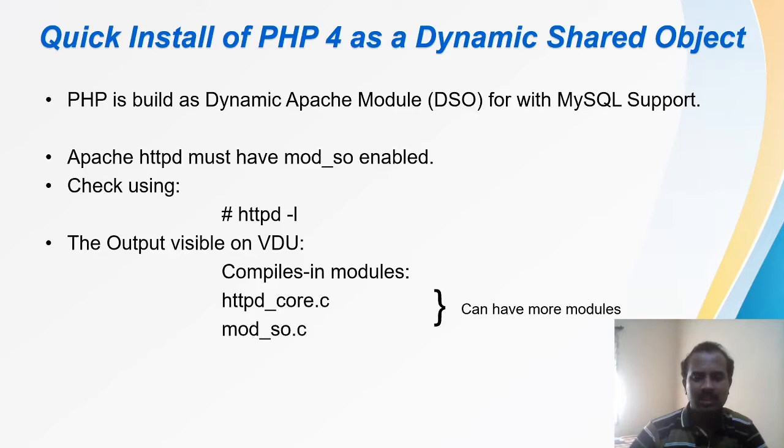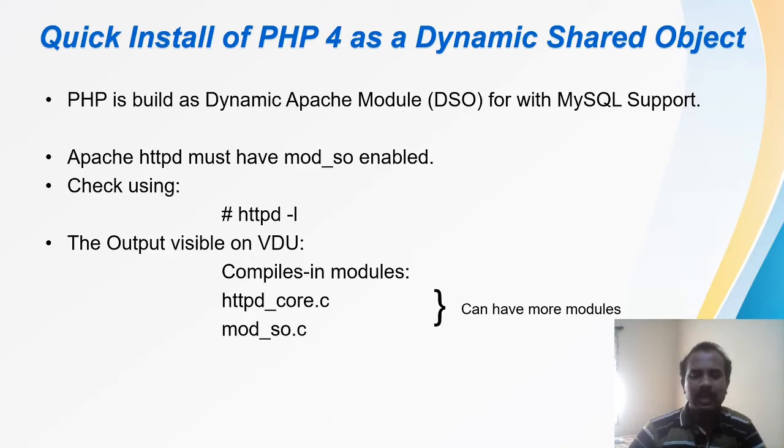Apache HTTPD must have mod_so enabled. The httpd configuration file, the Apache configuration file, should have mod_so enabled for DSO support. Now how to check whether mod_so is available or disabled? Just type # httpd -l. When you use that command, the compiled-in modules are listed.